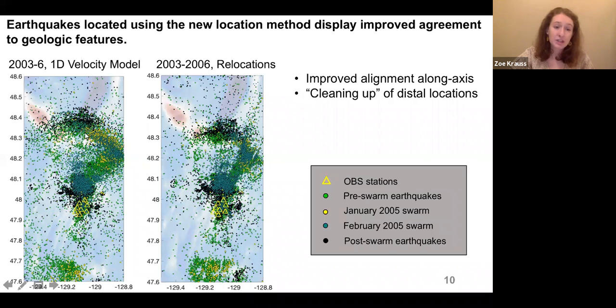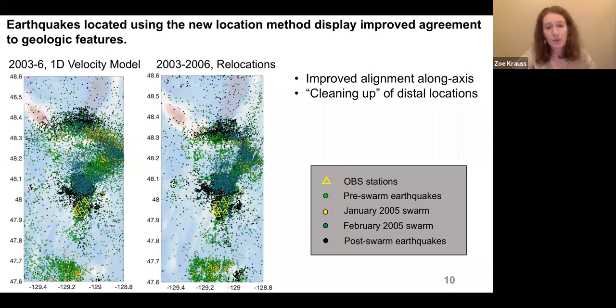A lot of the locations made up in here have been brought down and consolidated further south, better agreeing with the West Valley propagator tip, also with the Cobb propagator tip to the south here. A lot of these distal locations are now aligning much better along the ridge, and other consolidated earthquake swarms, both on and off axis. So we feel pretty good about these locations.